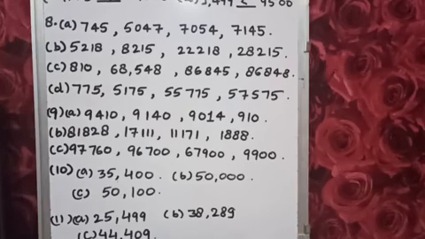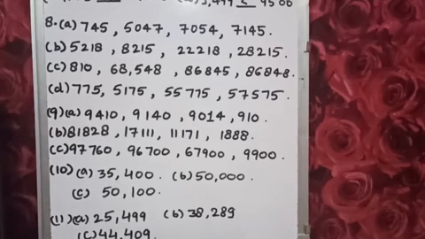Okay, in successor just after the number, it means plus 1, and in predecessor just before the given number. Okay, for example, what will be the predecessor of 2? 1. Okay, the predecessor of 2 is 1. Clear?